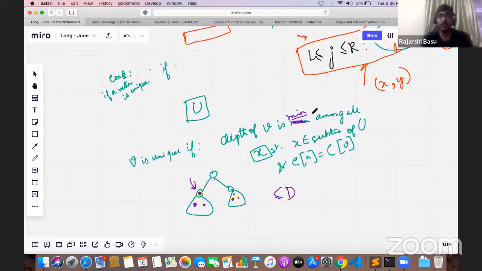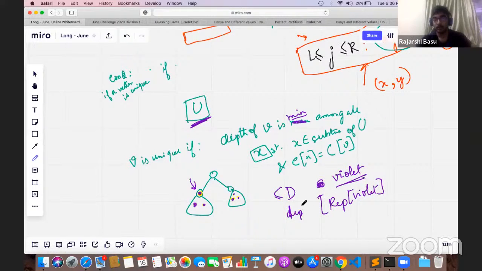The claim is you only need to keep track of the minimum depth node, because if you want to know whether a color, let's say violet, is in your subtree of U, it holds if and only if the representative of violet has a depth that is less than or equal to some depth t.